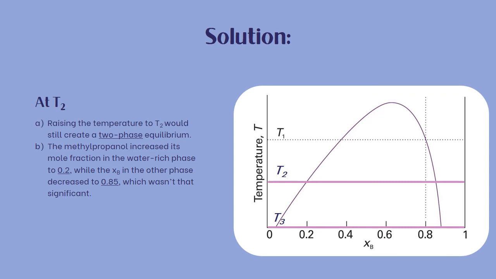Raising the temperature to T2 would still create a two-phase equilibrium since the point is inside the curve, so the methylpropanol increased its mole fraction in the water-rich phase to 0.2 from 0.05, while its composition in the other phase decreased to 0.85 from 0.87, which wasn't that significant.